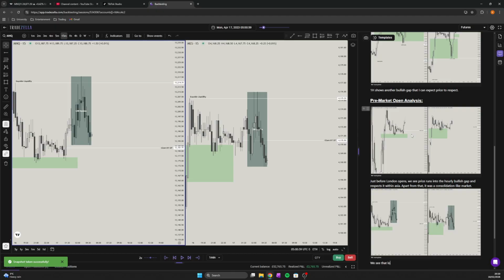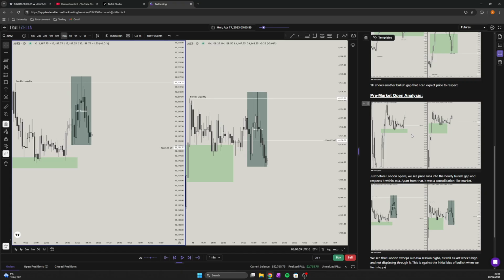We see that London sweeps out Asia session highs, as well as last week's high, and not displacing through it. This is against the initial bias of bullish when we first stepped into the market.